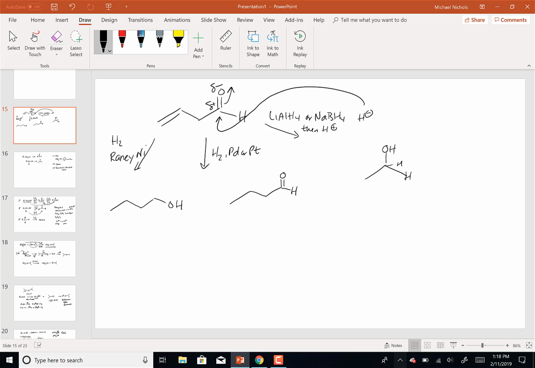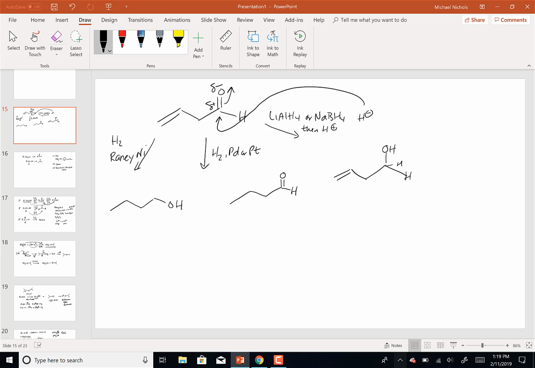Because the pi bond is its source of electron richness. So a double bond is also a nucleophile. So the H minus can't react with the carbon because they're both nucleophiles. But with a carbonyl, the carbon is electrophilic because of the difference in polarity and the difference in partial charges. So H minus won't touch the double bond.